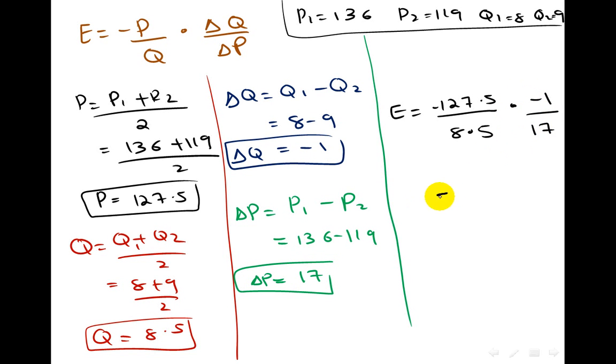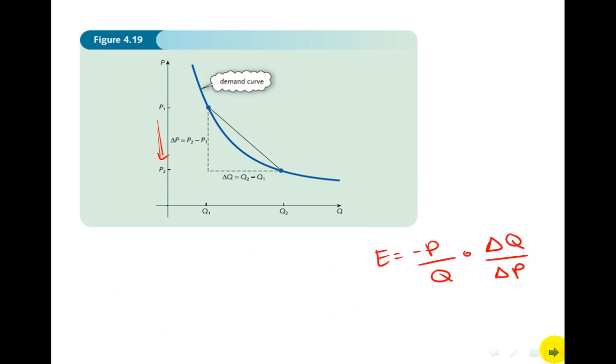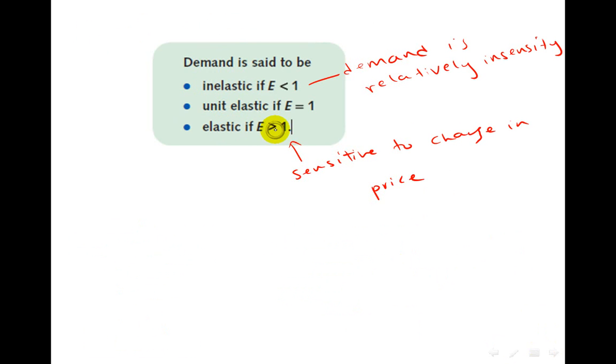You can use your calculator to find that E equals 0.88. Please don't forget that you have two negatives that are going to be cancelled. So the elasticity is 0.88, which means I can go back to my first note and see whether E is less than 1 or greater than 1. It's inelastic, because E is less than 1.